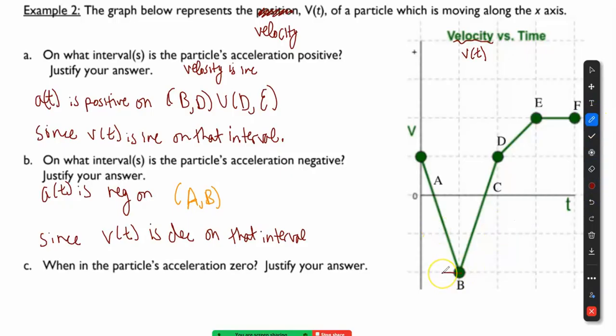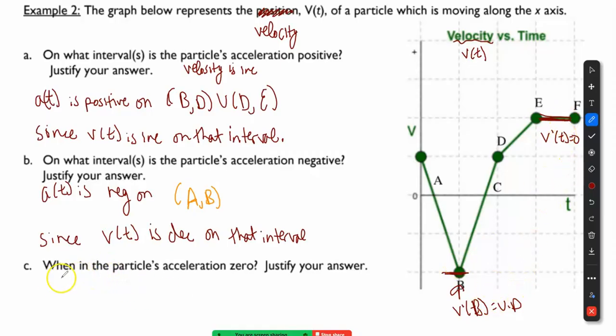My derivative would be undefined at b. That'd be undefined. And here, v prime would be 0 on that interval as well.